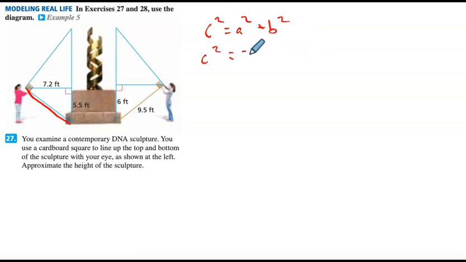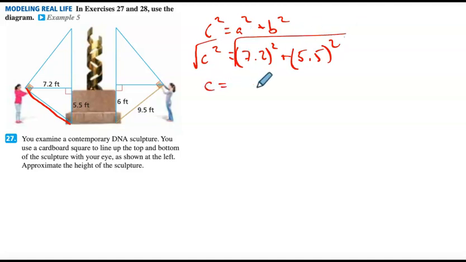So c squared equals 7.2 squared plus 5.5 squared, and the square root of all that. And I'm just going to put that right into my calculator. So 7.2 squared plus 5.5 squared. Let's see what that comes out to be.